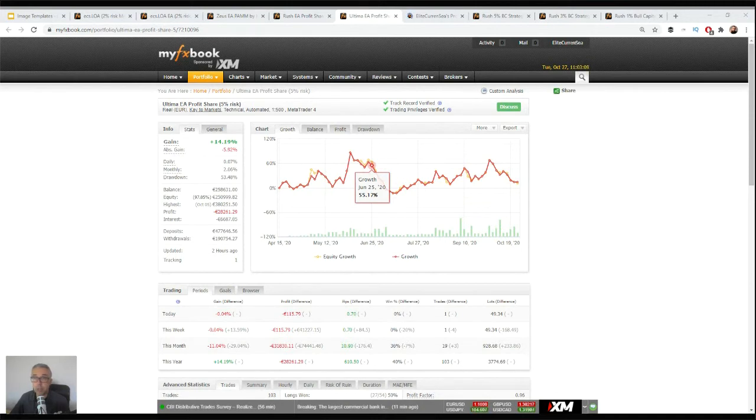But if you keep the deposit on the account, if you keep the same capital without withdrawing, then we're giving a 10% profit share reduction when, of course, the profit is reached. If there's no profit this month, then of course there's no profit to be shared. But once we get into a position where there is a profitable month and a new equity high, there would be a 10% profit share reduction.